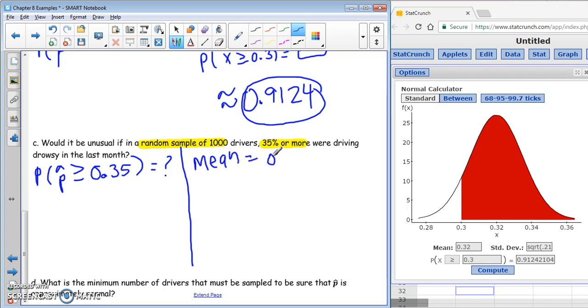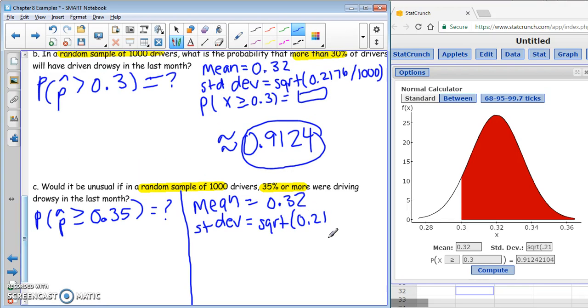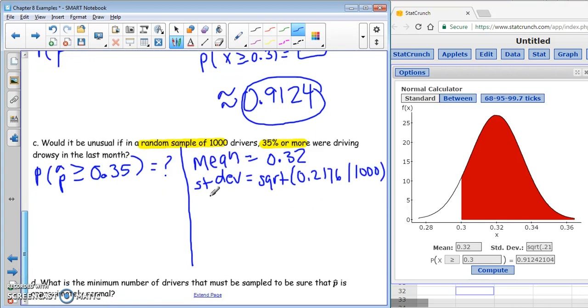So our mean is still 0.32, and our standard deviation is the square root of 0.2176 divided by 1,000, close parenthesis, and our StatCrunch statement here is going to be the probability that x is greater than or equal to 0.35.